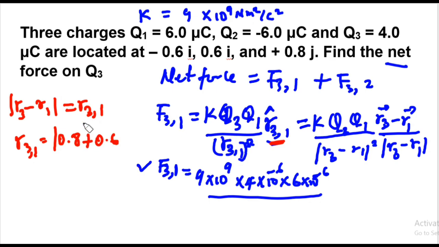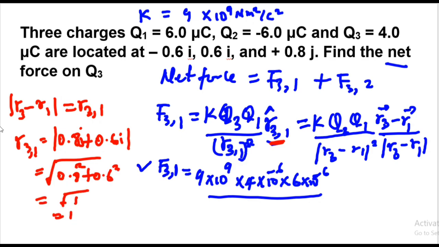If we take this as the vector, this will be 0.8j plus 0.6i, and we are interested in the magnitude, so we won't consider the direction. This gives the square root of 0.8 squared plus 0.6 squared, which gives us 1.